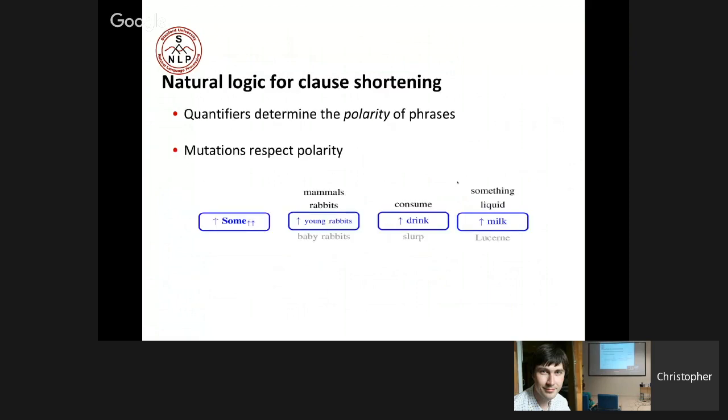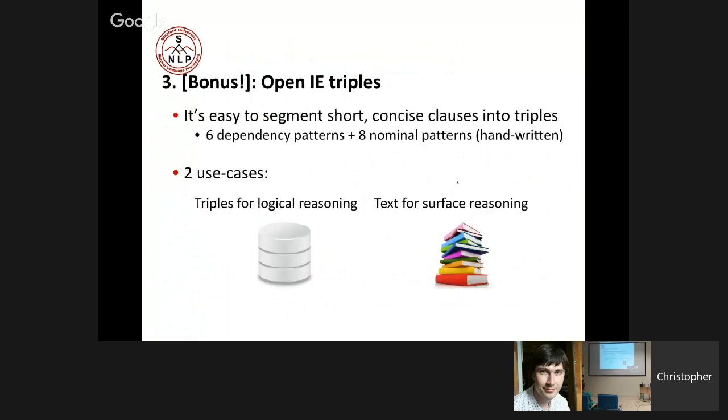That's the same idea as before, that we're manipulating modifications and seeing what we can do. As a result, we've effectively built our own open information extraction system, where we take whole sentences from the web, divide them into clauses using our classifier, and then shorten them using natural logic.